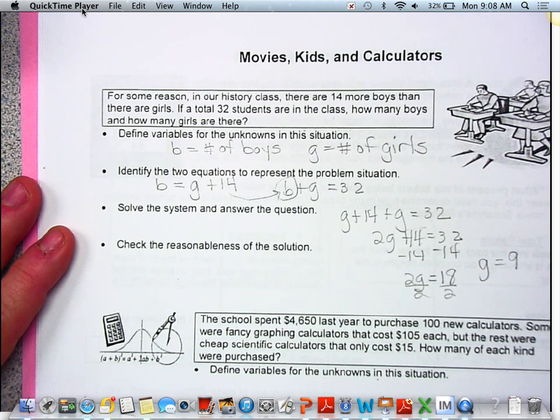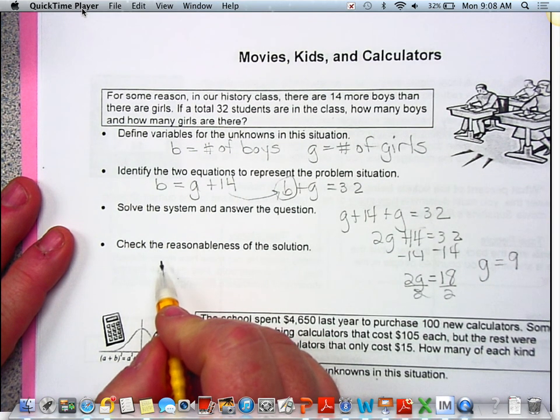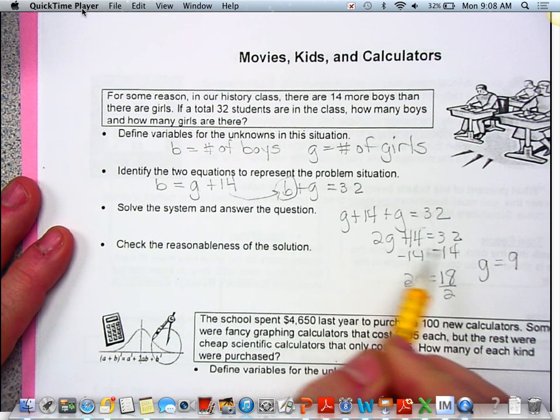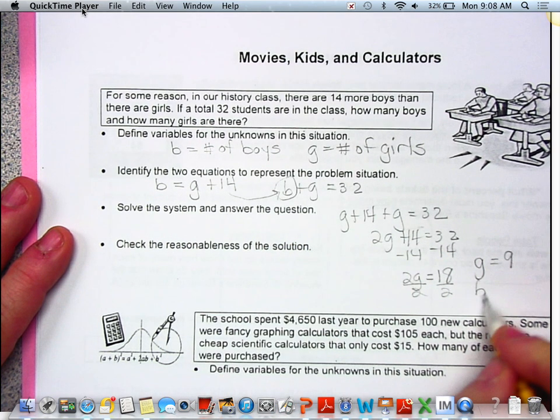Okay, then it says check the reasonableness of the solution. Well, how could we even check to see if 9 is good? 9 plus 14, or 32 minus 9. You can do that. Let's plug it in for the number of boys. So how many boys are there? 23.